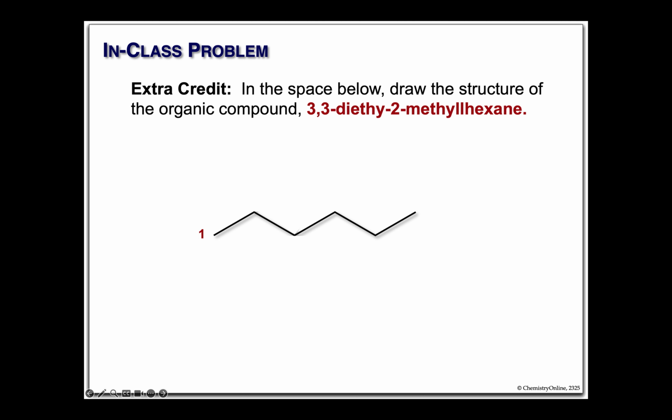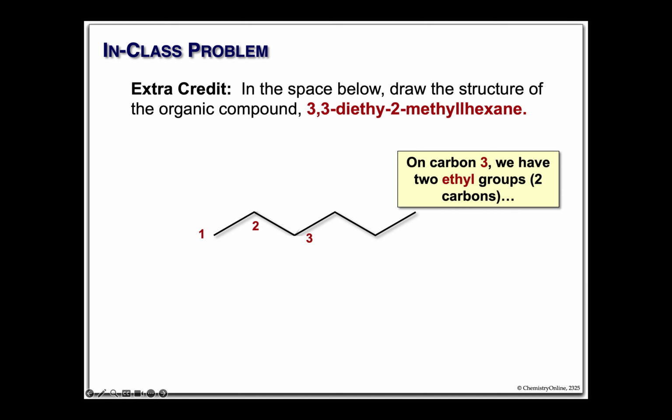Now we have substituents at carbon 2 and 3, so let's number those. At carbon 3, we have 2 ethyl groups. Ethyl group is 2 carbons. So we have 2 carbon units right here on carbon 3. We draw them in something like this.